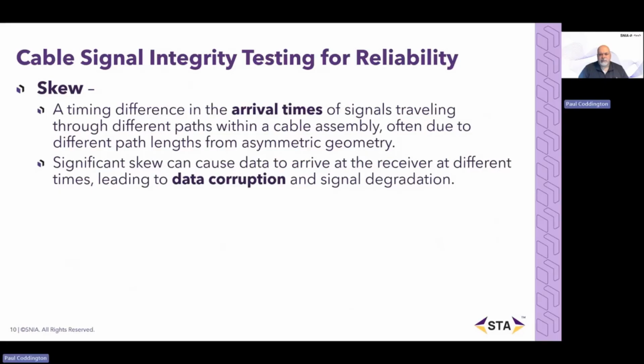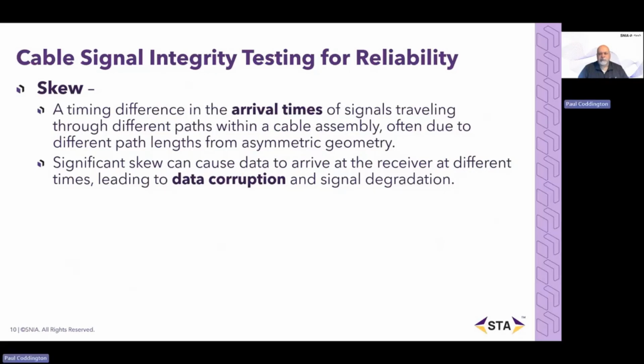Another signal integrity test that can be done is skew measurement. This is another time domain test that involves very precise measurements. Skew is a timing difference in the arrival times of signals traveling through various different paths within a cable assembly, often due to different path lengths caused by asymmetric geometry.